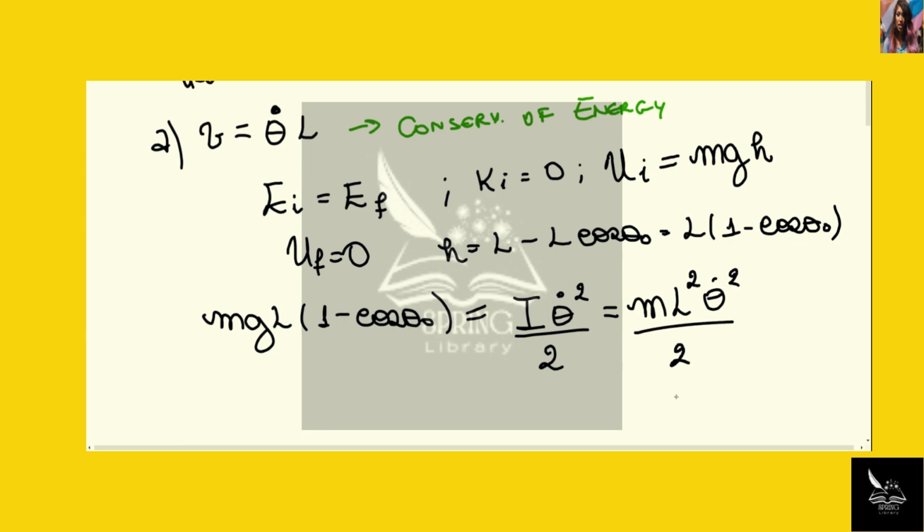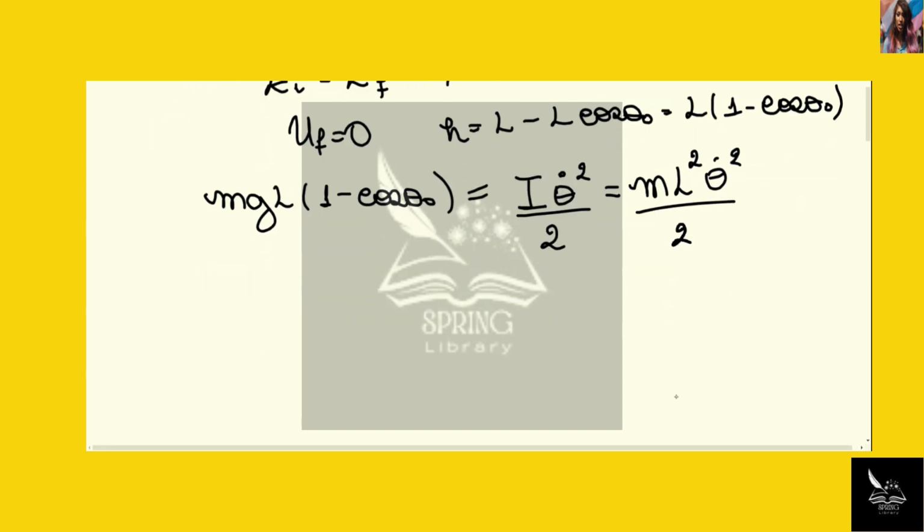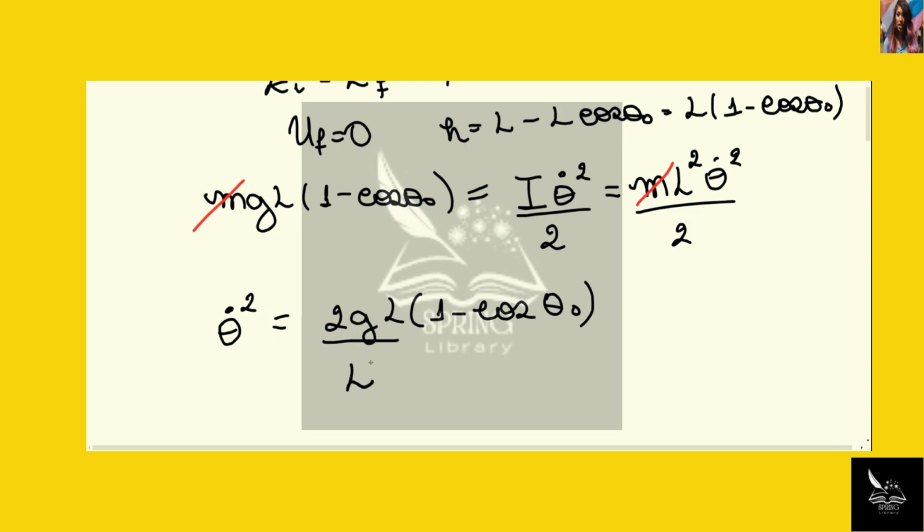We can isolate the angular velocity. First, you can notice that we can cancel out the mass of the ball, and we have that the angular velocity squared is 2g L times 1 minus cosine of 30 degrees divided by L squared.